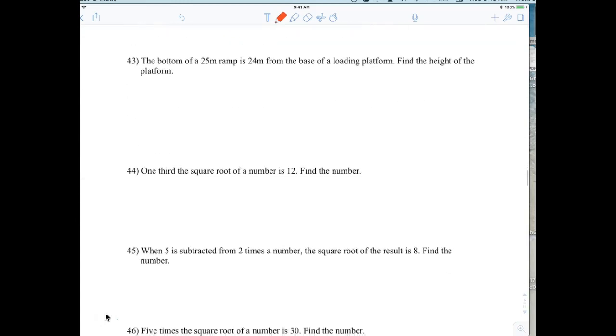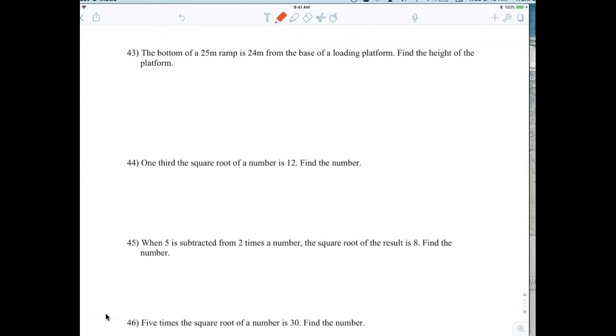All right, 43. It says the bottom of a 25-meter ramp is, well, what's the answer here, guys? Without doing any work. Look at your triples. Look at your triple. 7. Your height is 7 meters and you're done with the problem. Now, of course, most kids don't remember that. So let's draw it out. So here's a ramp, and usually your ramp is constructed to form a right angle.